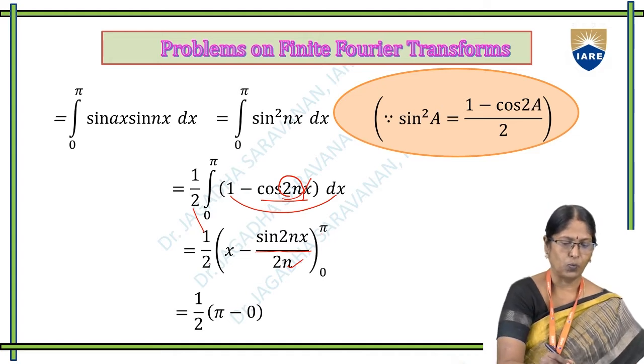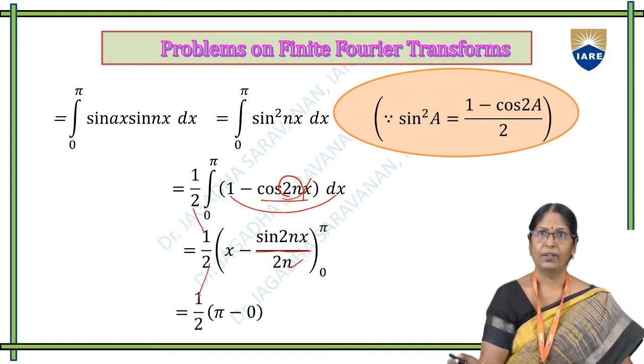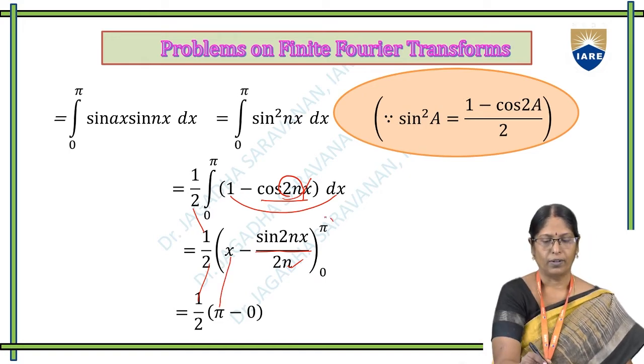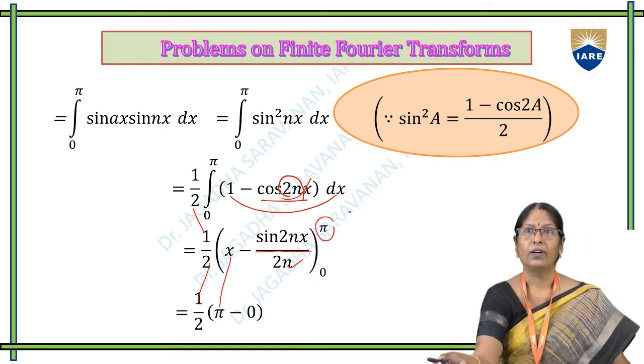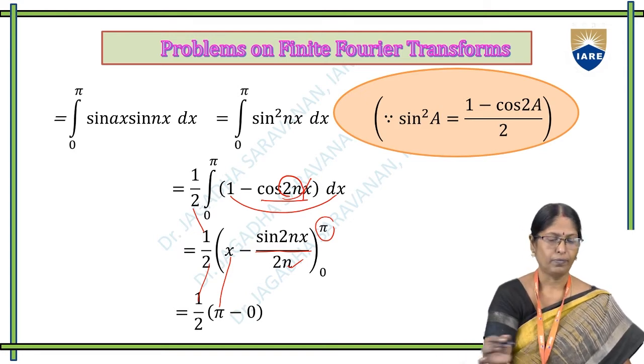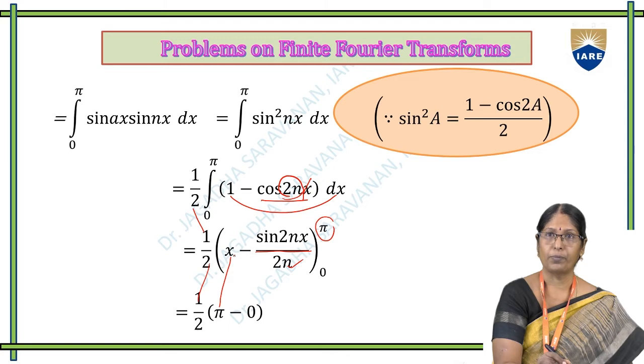Now this 1 by 2 as it is, in place of x we are substituting, concentrating on the upper limit. Our upper limit is pi. In place of x we substitute, because we did the integration with respect to x.